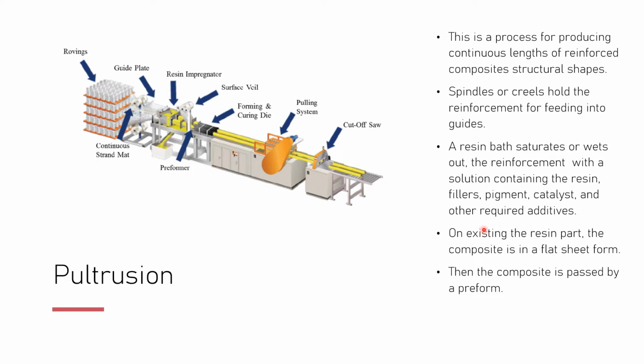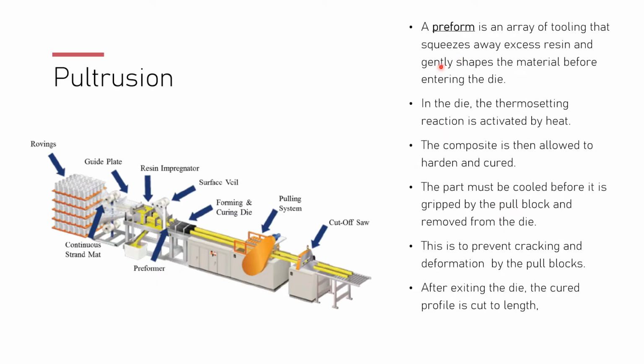On exiting the resin bath, the composite is in a fleshy form. Then the composite is passed to the preform. So here we're going from here all the way to here. That's your preform right there, and here is your continuous strand and your guide plate. Here we start feeding into the guides, and you can see the arrows are going in that direction. Then we get to the next step, a preform.